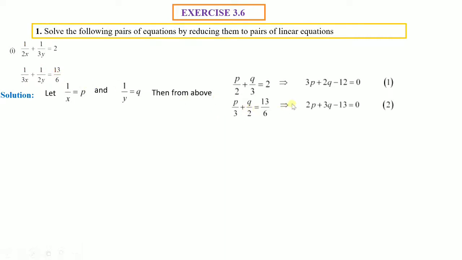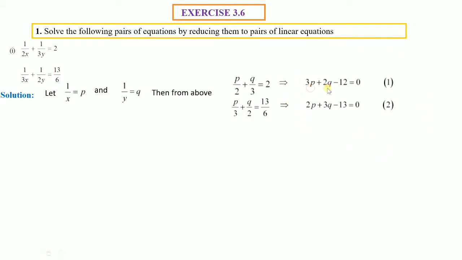Again LCM, 2p plus 3q, the 6 cancels, and then 13 to the left hand side, so 2p plus 3q minus 13 is equal to 0, equation number 2. So we got these two equations. That is called reducing these equations into a pair of linear equations in two variables.